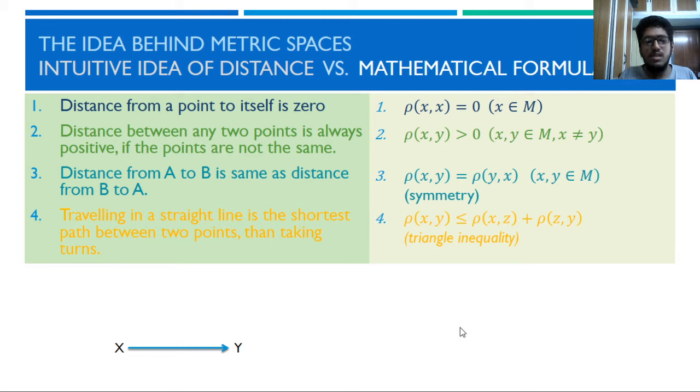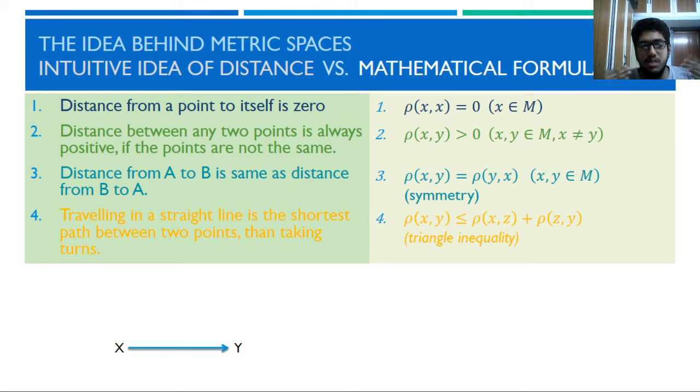Now, the third condition is also easy. If you notice, it said rho of x comma y, flip the input, rho of y comma x, the value given by this function will be the same. In the real world, we know that if you take a picture and if you flip it, if it gives the same image, we will call it a symmetric picture.